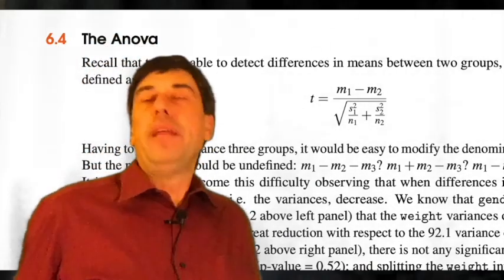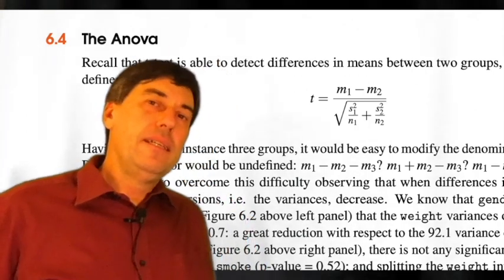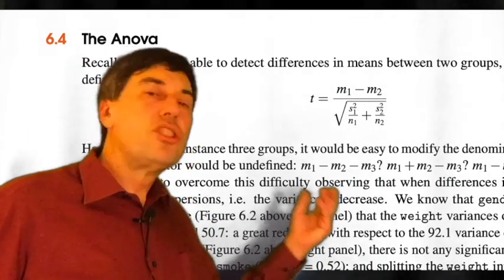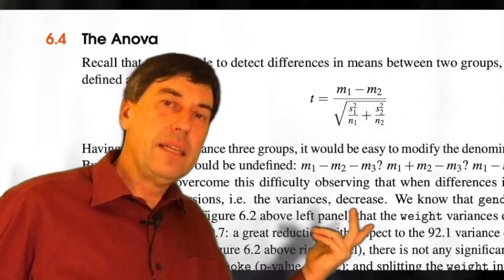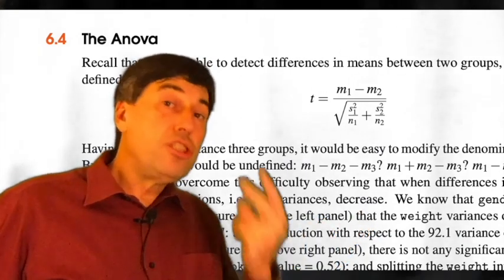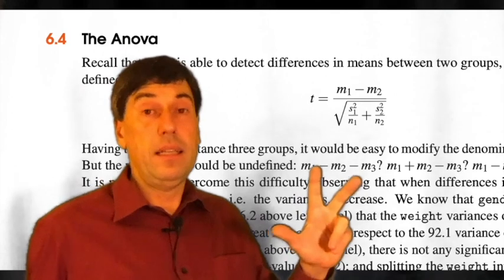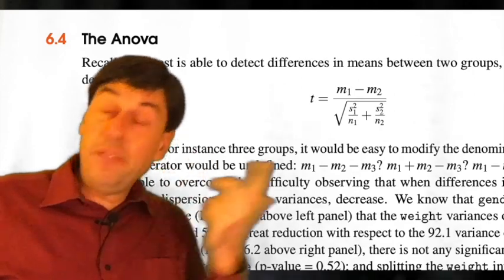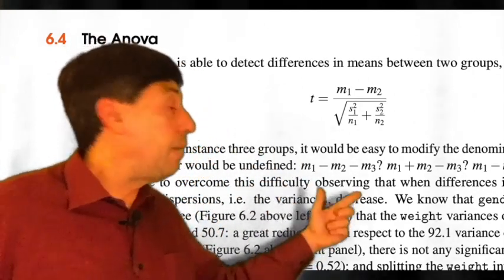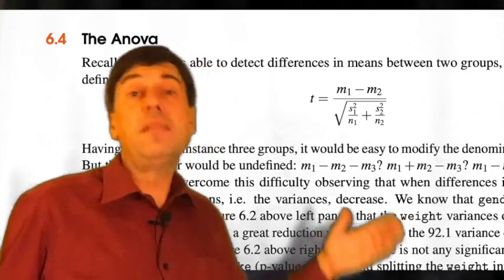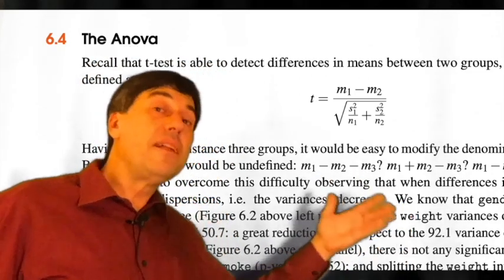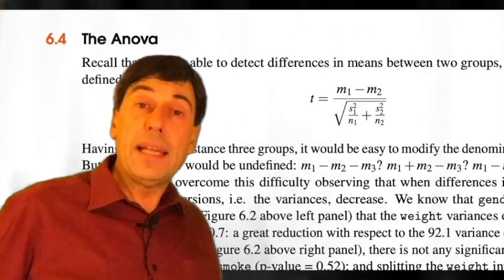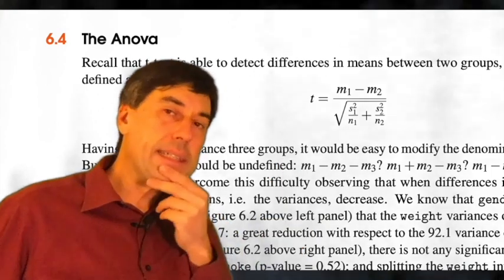Now, if you reflect, how can we modify this test statistic if we have not two groups, but three? Have a look. Below, on the denominator, it's not a problem. You can add another term, plus sigma 3 squared over n 3.